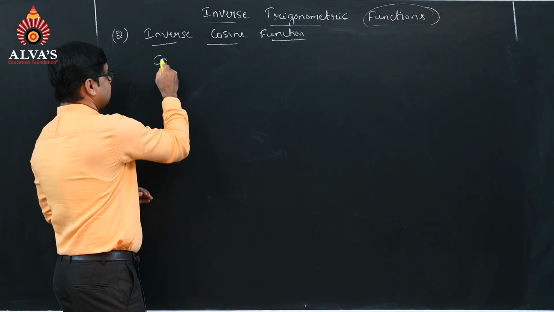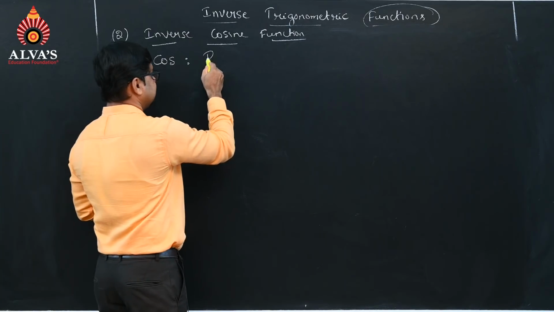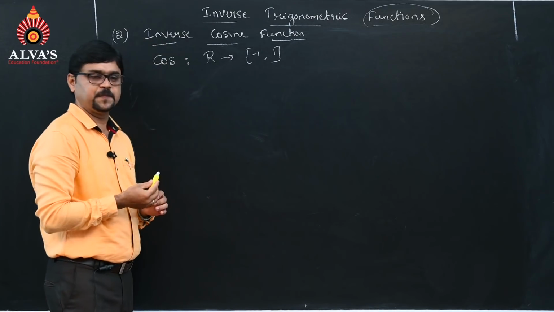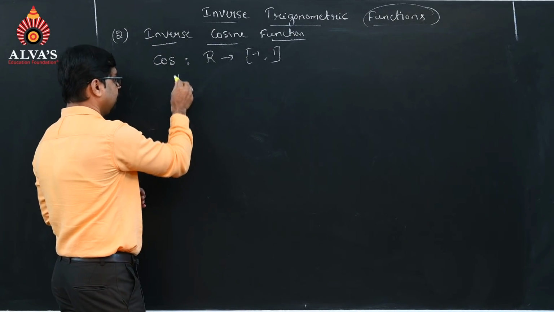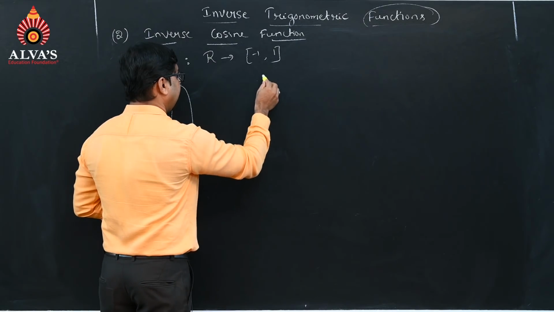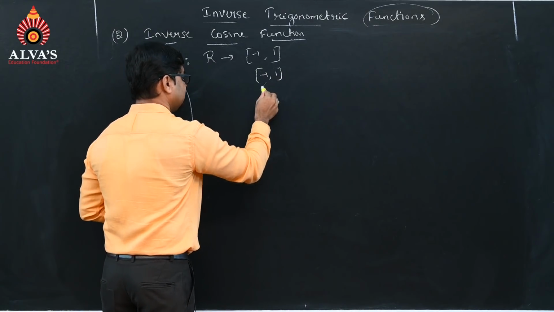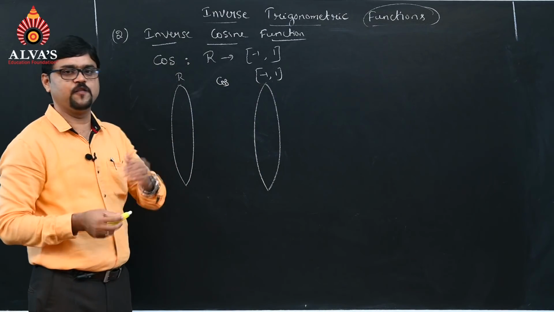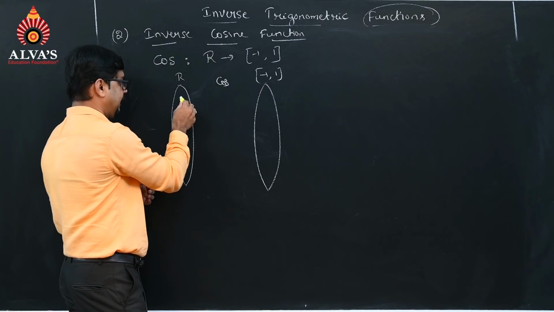That means cos function is defined from the set of all real numbers to the closed interval minus 1 to plus 1. If you check one-one, we will collect the angles.